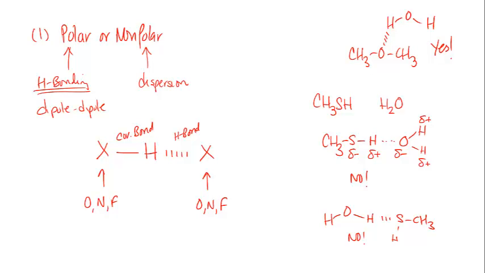Someone else asked along the way, does an atom that's going to form a hydrogen bond have to have lone pairs? Yes, because the hydrogen is being attracted to that oxygen by that lone pair. But really we're talking about electrostatic attractions between oxygens and hydrogen.